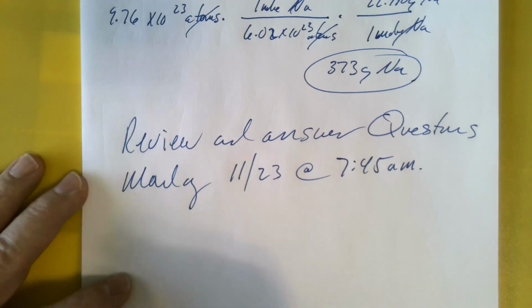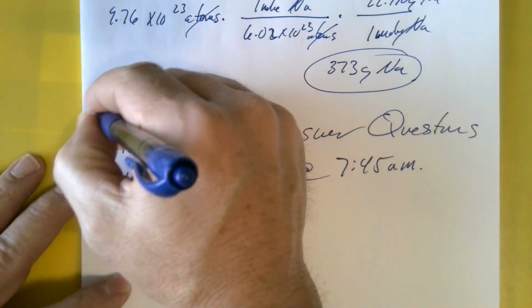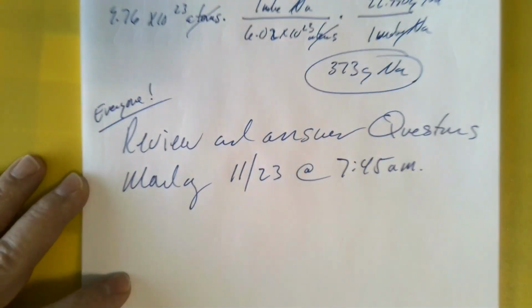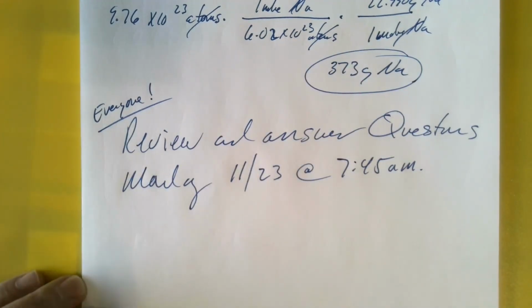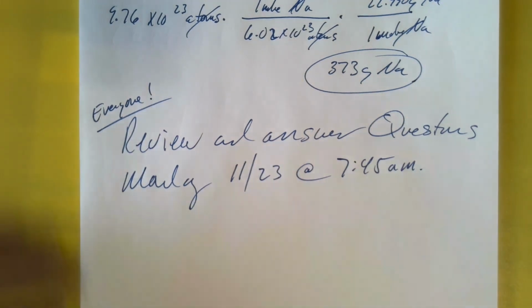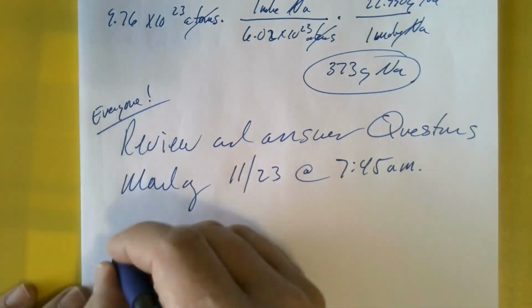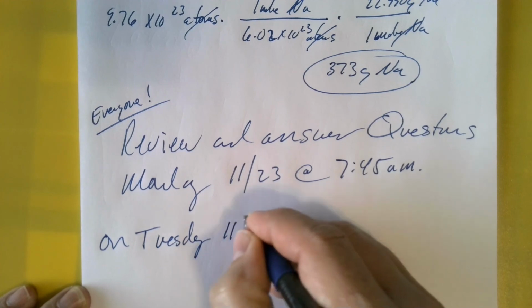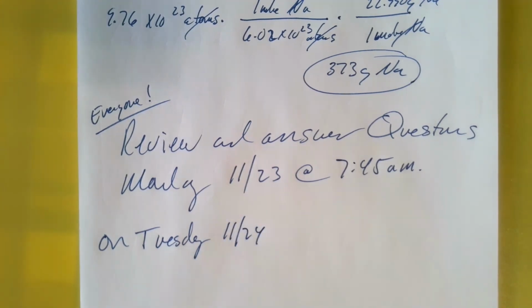And then this is everyone. Okay? I'm going to try this. Let's see what happens, right? And that's because the test is kind of causing some problems. Okay, so this is what we're going to do. So on Tuesday 11/24, pay attention.